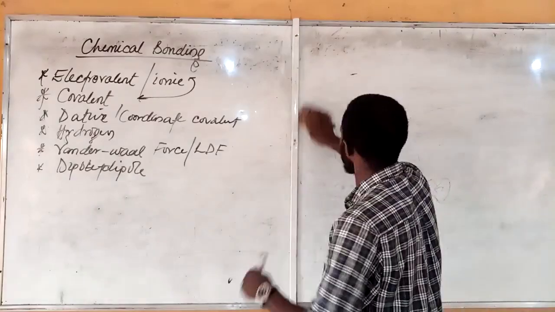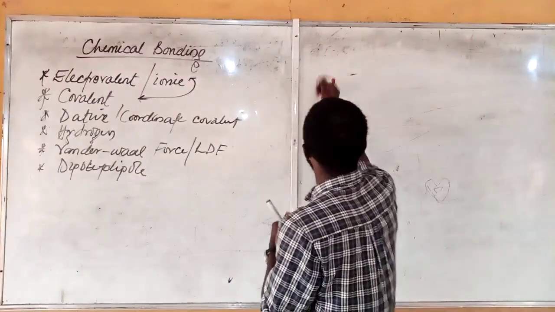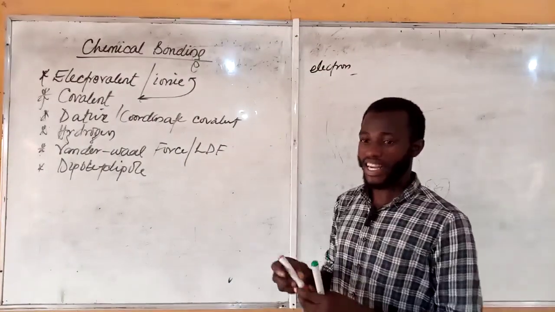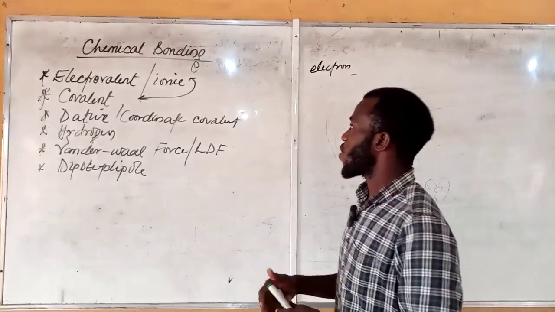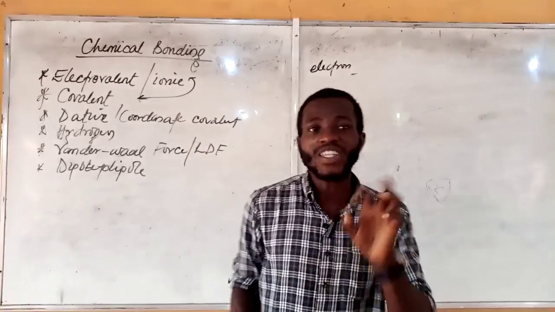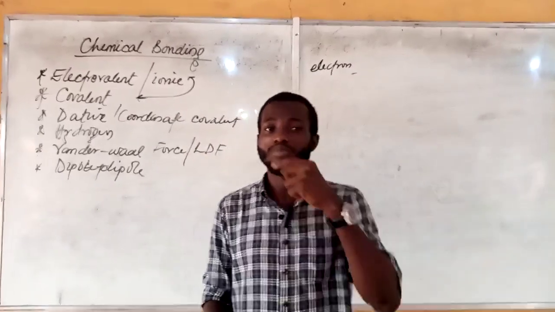The electrovalent bond, as the name suggests, electro is got from the word electron, and valent means valency. Or ionic. The word ion, what is an ion? An ion is a charged atom. Now, how does an atom become charged?